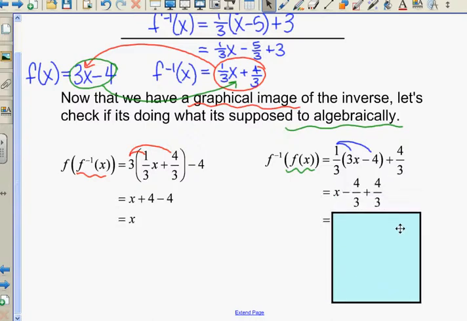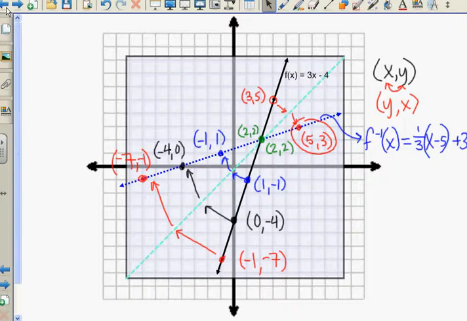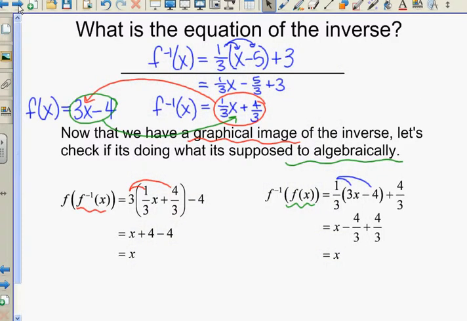And then that negative 4/3 and that positive 4/3 cancel to x. This is how we know we're right, that the inverse of 3x minus 4 is 1/3 x plus 4/3. So graphically, it's a reflection over the line y equals x, that fold mark. Algebraically, when you plug them into each other, you should get out x.